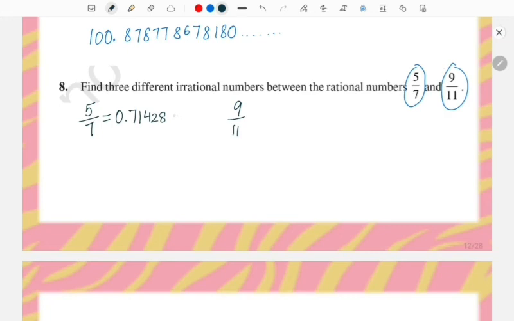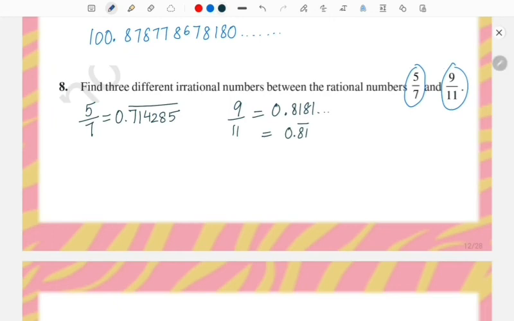This we have done earlier also, right? 5 with a bar. Then we have to find for 9 by 11, which is 0.8181, or you can write it as 0.81 with a bar. Is that okay? Now we have to write 3 different irrational numbers between these.